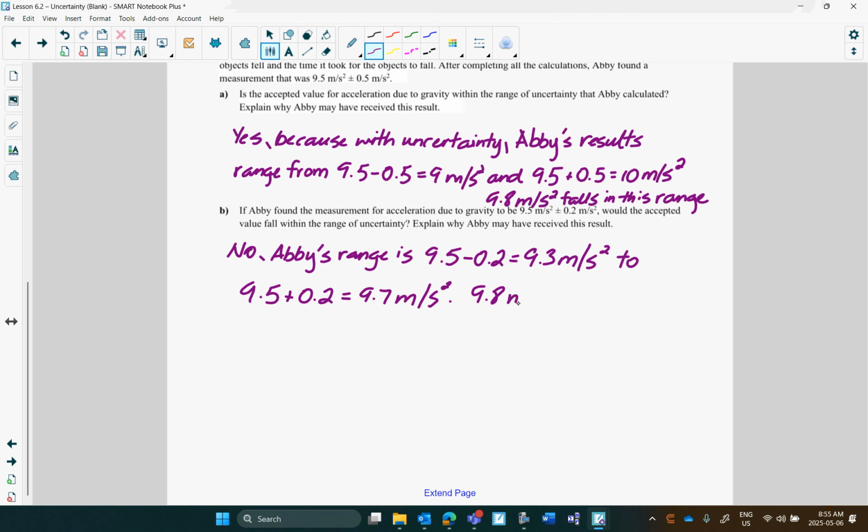And 9.8 meters per second squared is outside this range. Okay.